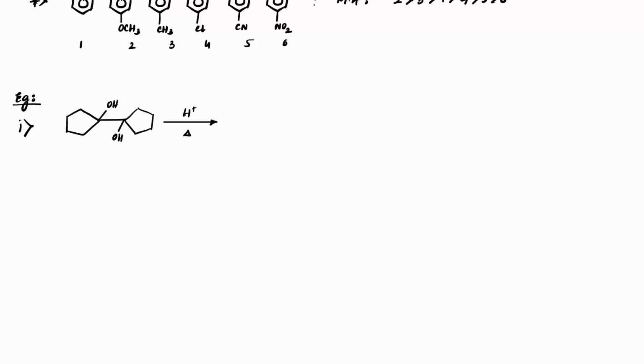Because it is symmetrical on both ends, you can remove water from any direction. Let's say this is how the water has been removed. In that case, the carbocation will form here.